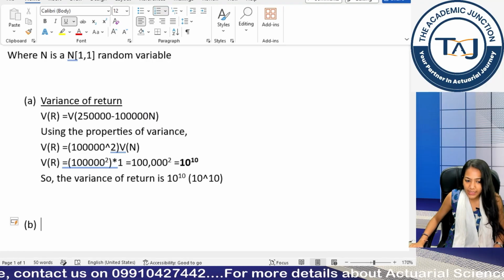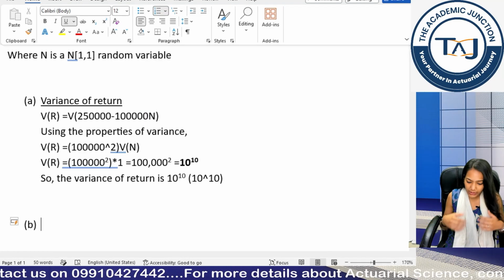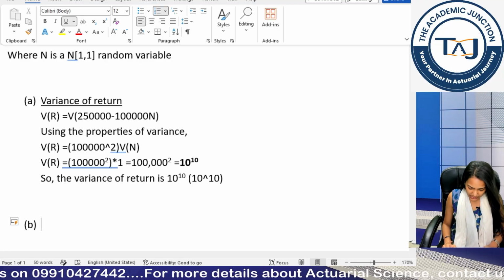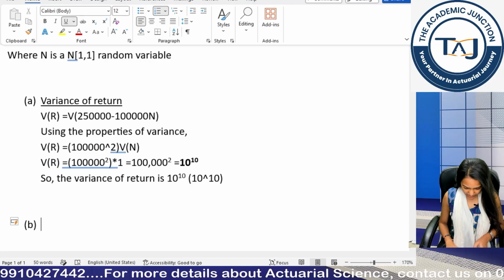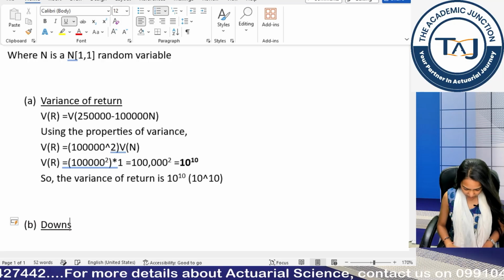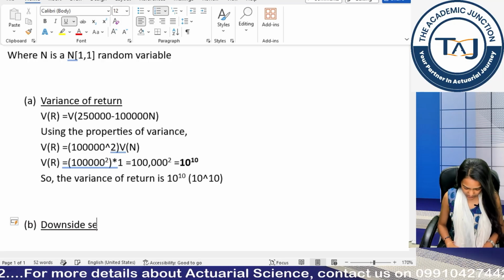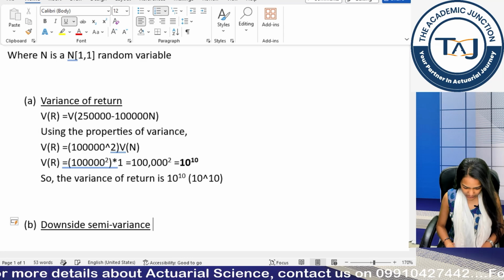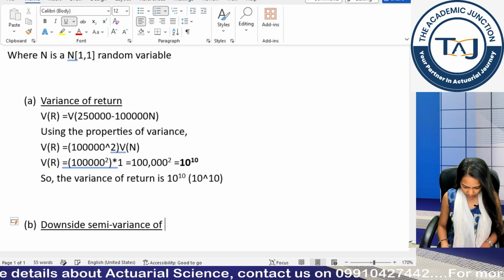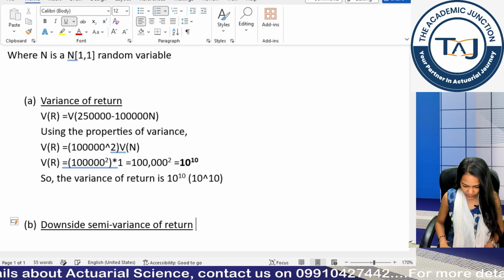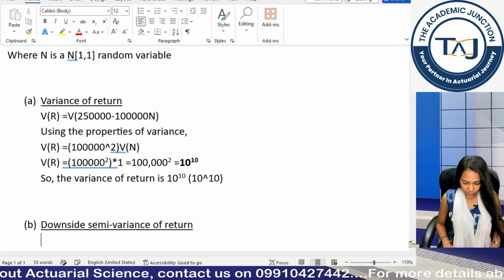Let us move on to the second part. The second part asks us to calculate the downside semi-variance, or semi-var. So, let me put the heading of the part: downside semi-variance of return. Control U to go back to normal.